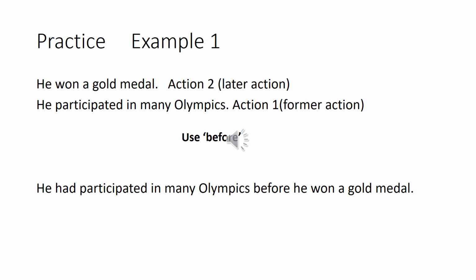That's it. So his participation, that is the former action, means not only in one Olympic game. Before also he participated in many events. But it was only now he could achieve the success of winning a gold medal. That's the meaning of this sentence.